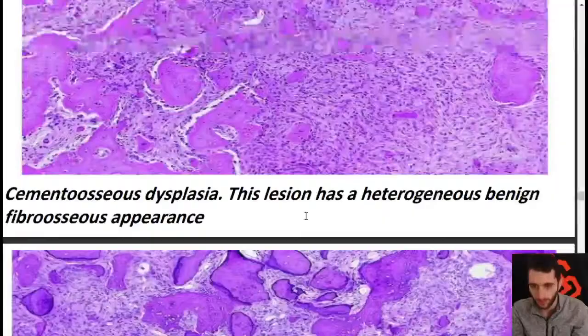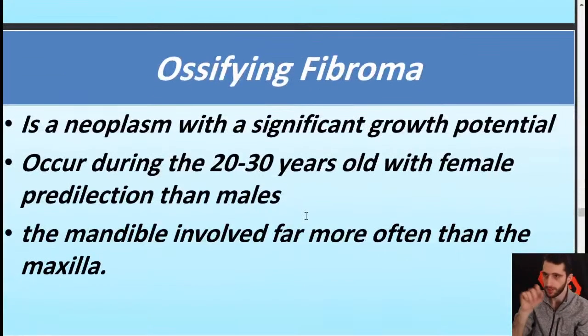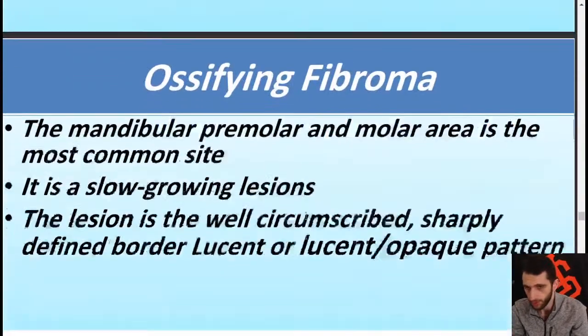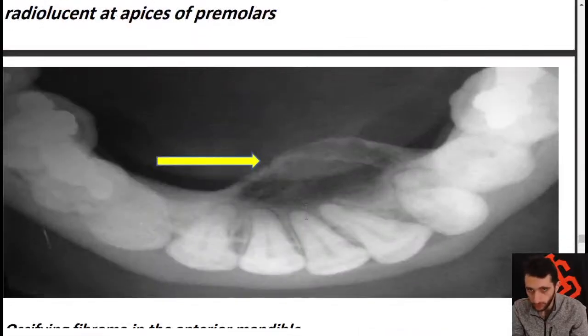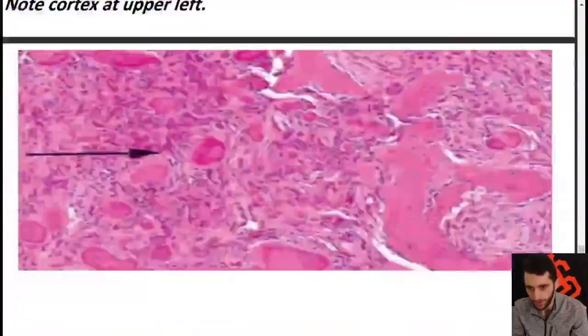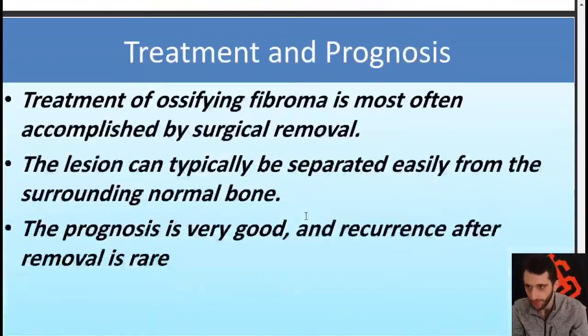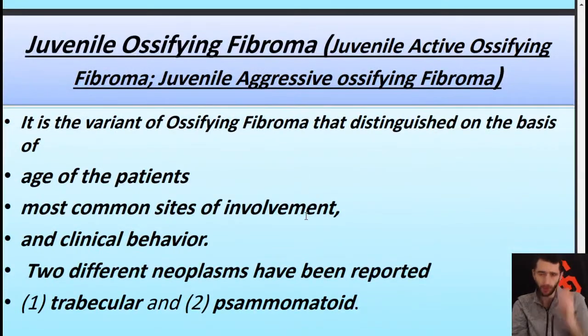Cementosis dysplasia histopathology, treatment and prognosis of cementosis dysplasia and ossifying fibroma. Ossifying fibroma, second slide. Histopathology features of ossifying fibroma, treatment and prognosis of ossifying fibroma.